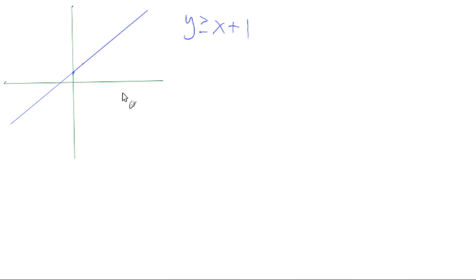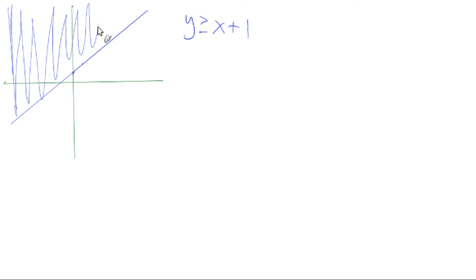So there is the line, and then we have to shade. For me it makes the most sense that y needs to be greater than this line. This is what told us how to graph the line, and we need y's that are greater than the y's on this line, and the y's that are greater would be above the line. So shade above the line.